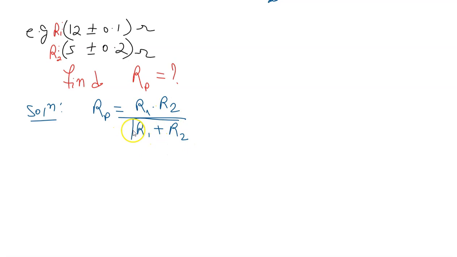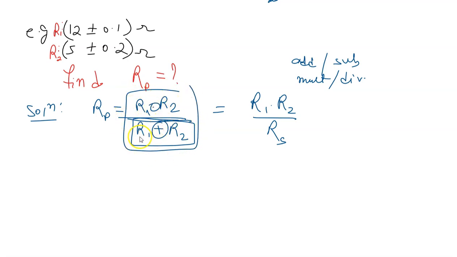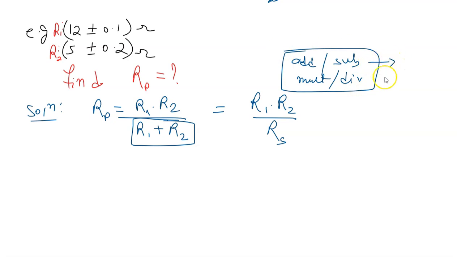So you can check why I am writing this R1 plus R2 as Rs, because it is better to visualize the complete expression based on either addition or subtraction or multiplication or division. So here you can see it contains division, multiplication and then addition, which is making our process quite complex, because we only have rules for these two, and those also separate rules.